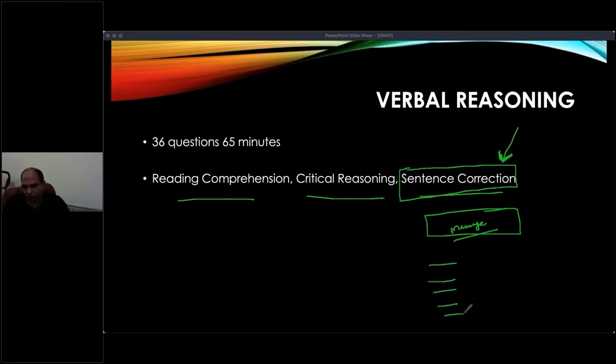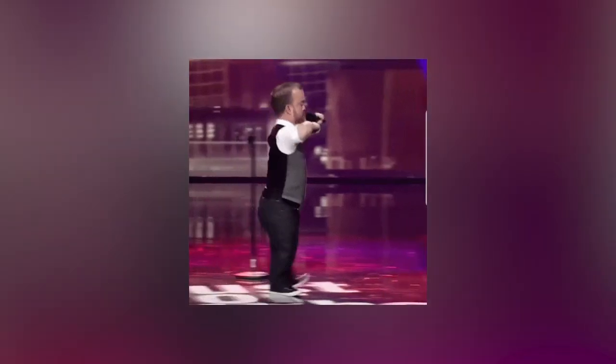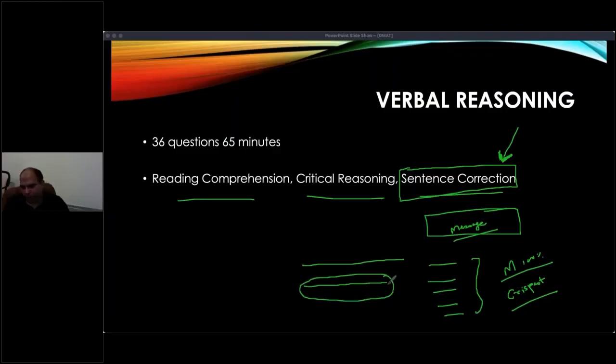So first of all, the correct answer will convey the whole message, and second of all, the correct answer will be the crispest way of conveying it. So it will have the least number of words, and if there are two sentences which convey the same meaning, and one of them is shorter, this will be the answer 99% of the times.